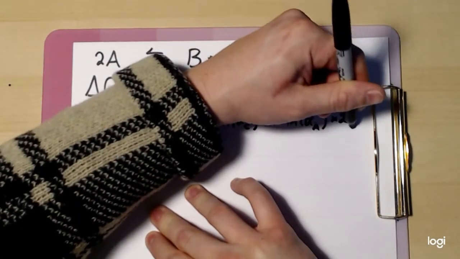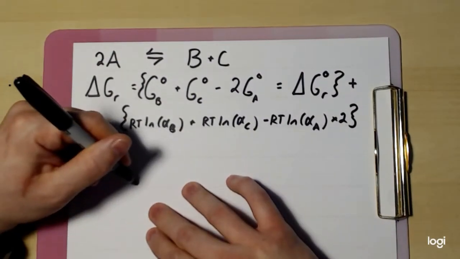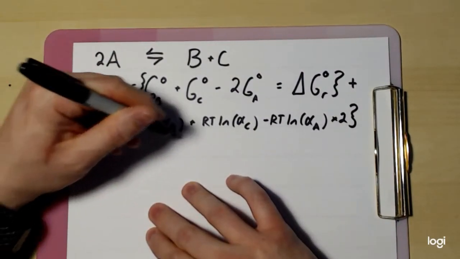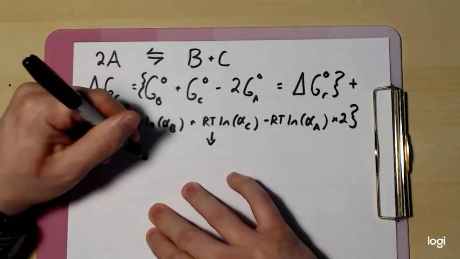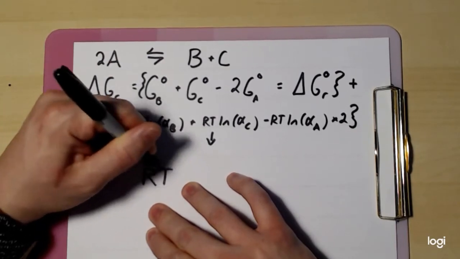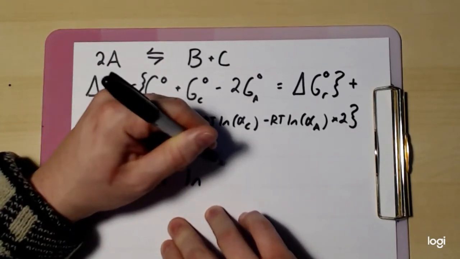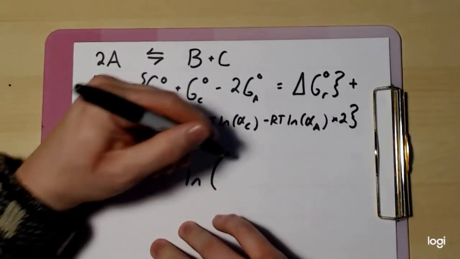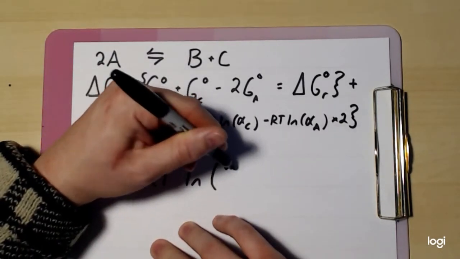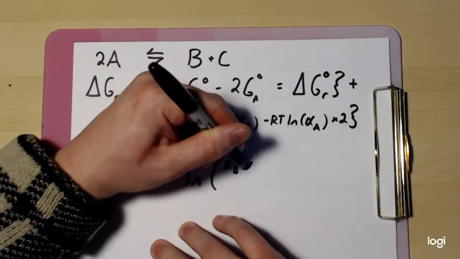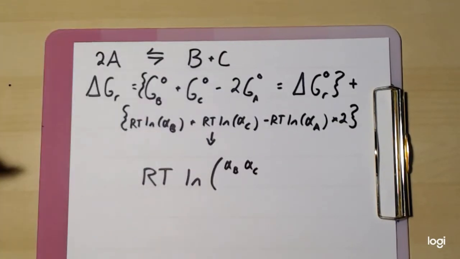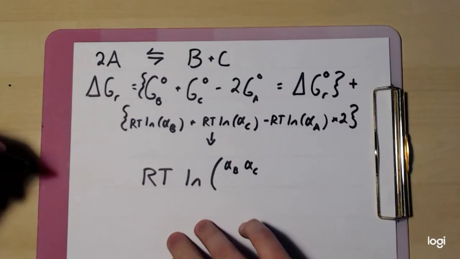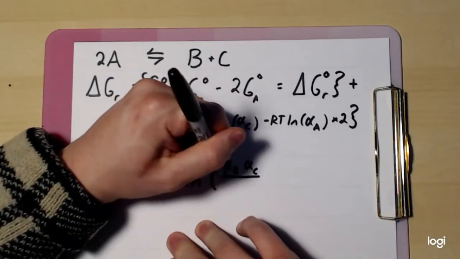We can rearrange this to then just be the ideal gas constant times temperature, RT, times the natural log of the activity of B, times the activity of C, divided by the activity of A squared.